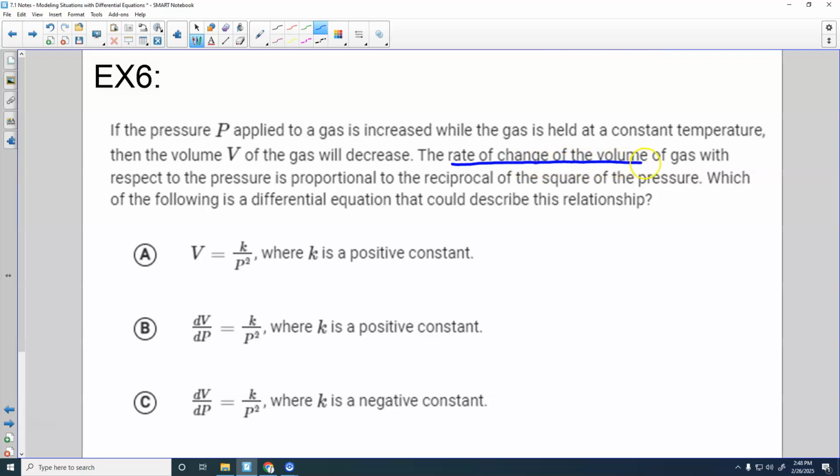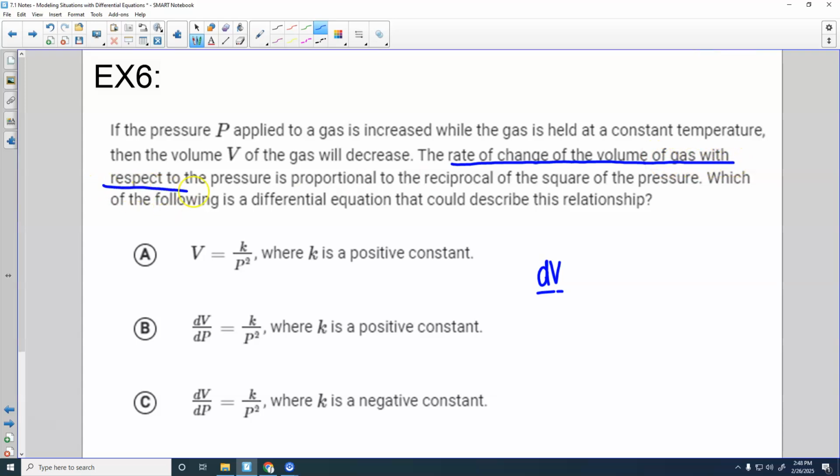Rate of change of the volume, what's that? dV/dt. Oh, yeah. This is a bad habit that I need to get out of. I want to put dV/dt because I want any rate to always be dt. Because it's pretty much always been on related rate stuff, but it's not.